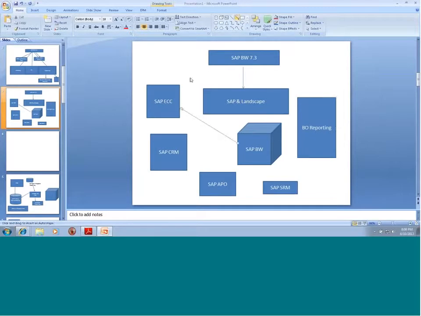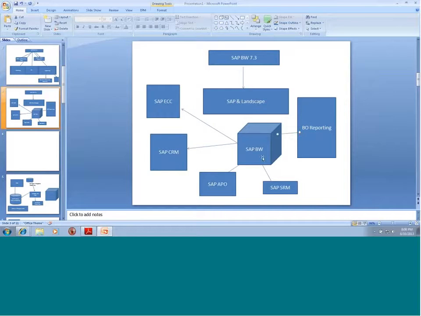So an SAP BW system can be connected to one or many of these SAP products. Since SAP BW is a data warehousing tool, it needs to connect to multiple source systems and provide reporting on top of that.